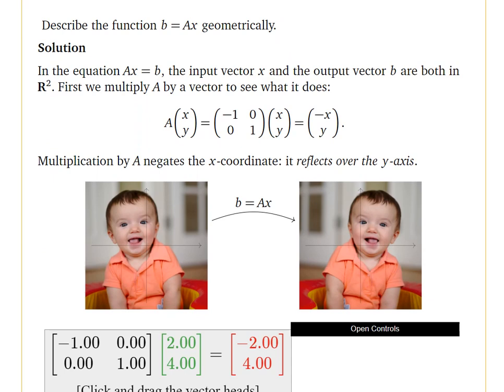And by the way, we'd switch the minus sign from the top left down to the bottom right to reflect across the x-axis. So the one they're showing reflects across the y-axis, but we can reflect through the x-axis as well.